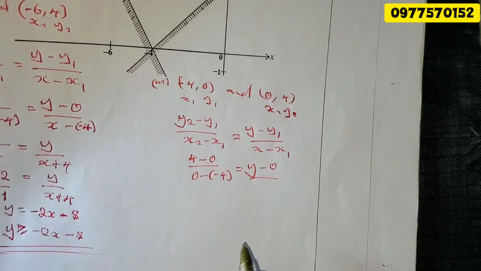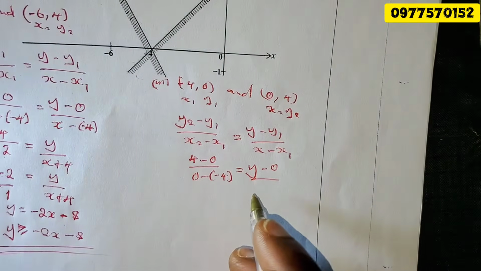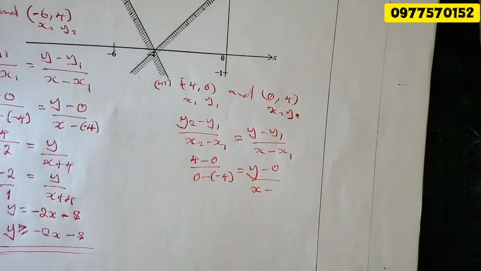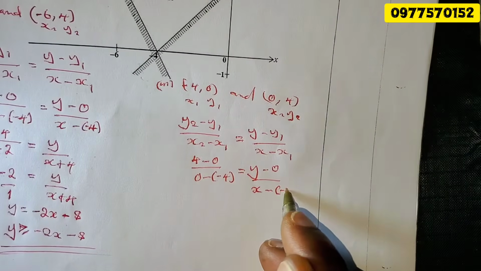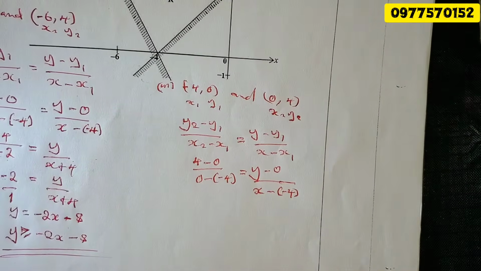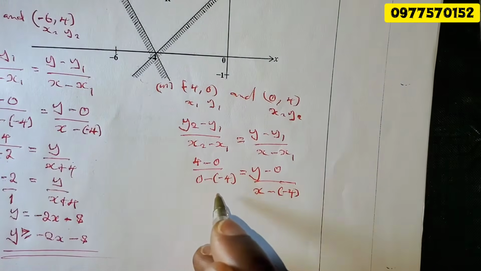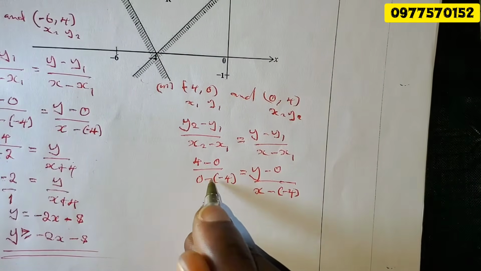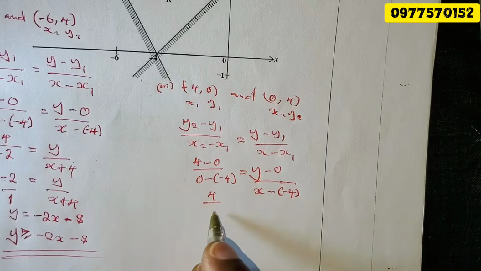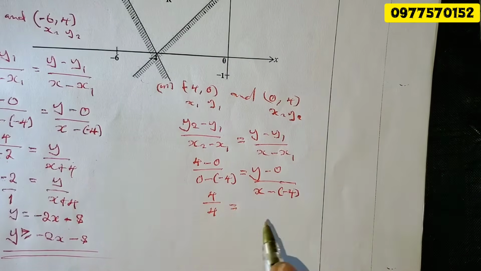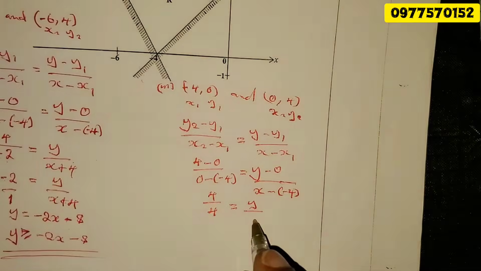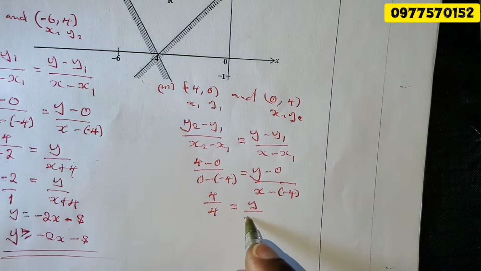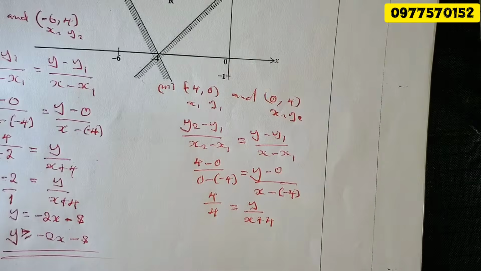Alright, then here we're going to say x minus x1, which is negative 4. Okay, then now we can solve. 4 minus 0 is 4. Negative plus negative is positive. 0 plus 4 is just 4. Like this. y minus 0 is just y. Negative plus negative is positive. So we just have x plus 4.